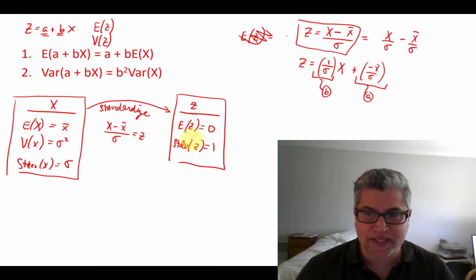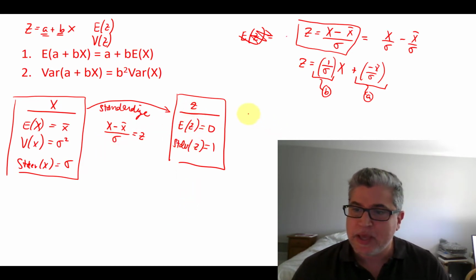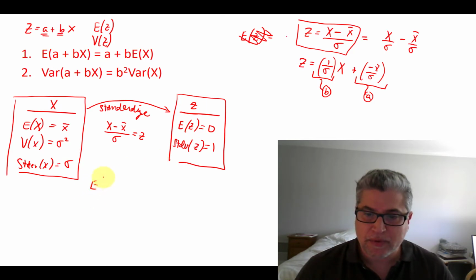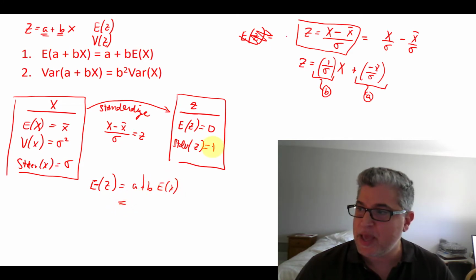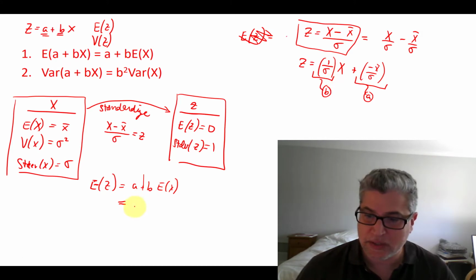So let's see why this has its particular mean and standard deviation. The expected value of z, well, it's going to be a plus b times the original expectation. a was this negative x bar over sigma. b was 1 over sigma.